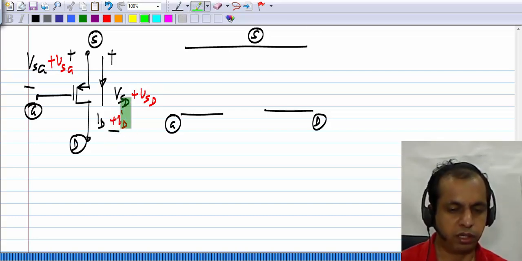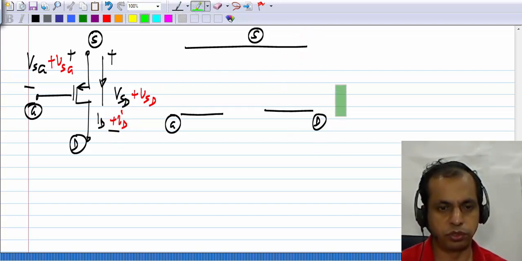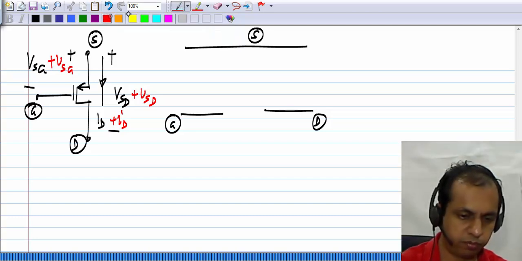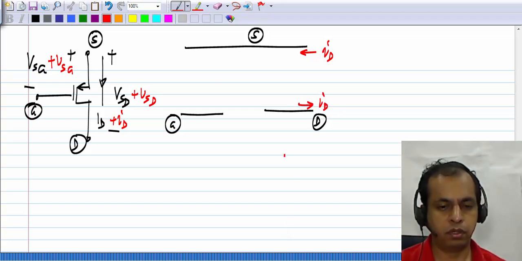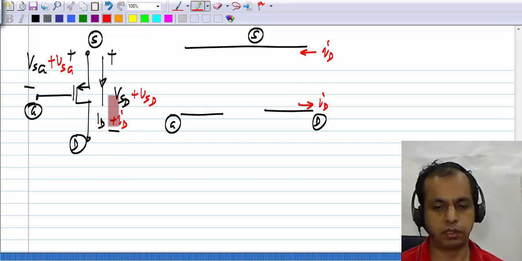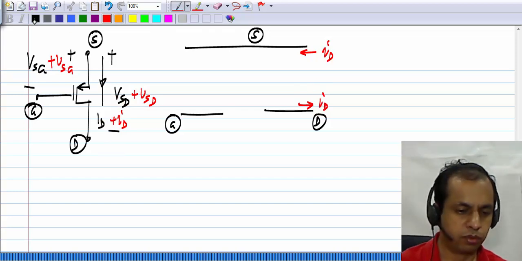Now this incremental current lowercase id flows from source to drain. This is the incremental current that is shown in this picture. What is that equal to?